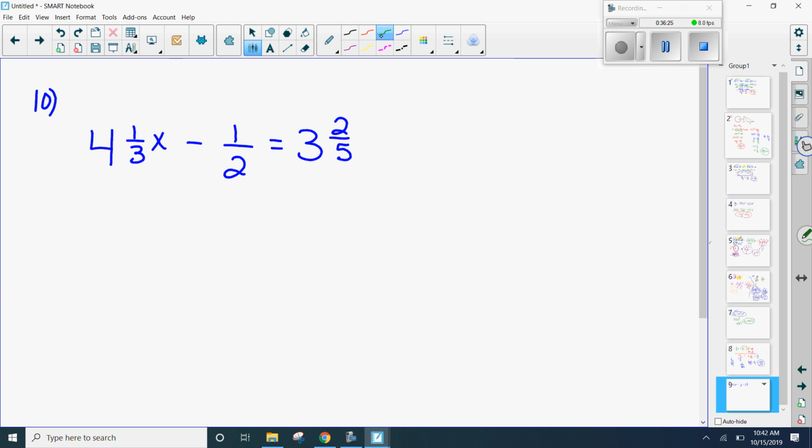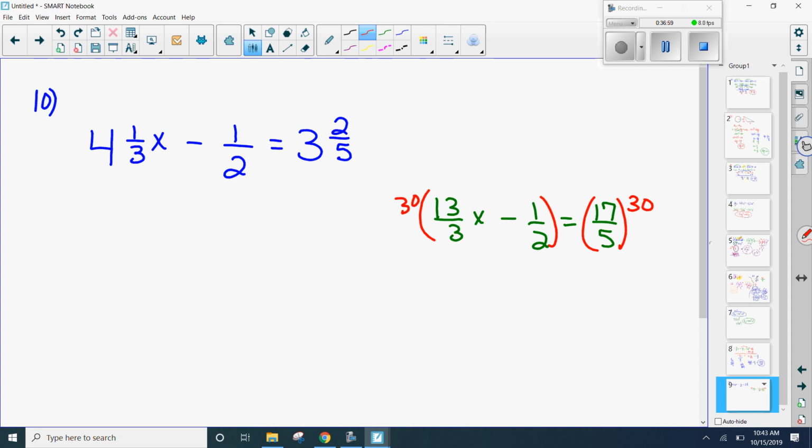The other method, I'll just set it up here quickly. You get 13/3, write it as improper fractions, minus 1/2 is equal to 17/5. What's the common denominator between 3, 2, and 5? 30, right? So I'm going to take both sides of my equation times 30.